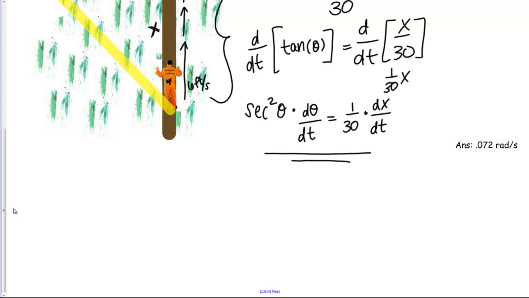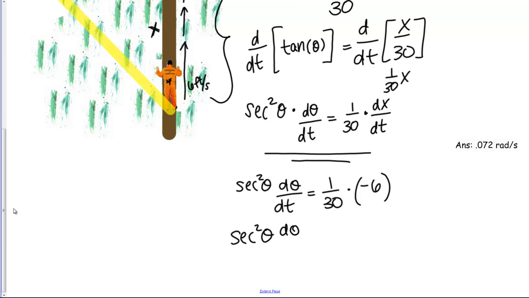So I have secant squared theta d theta/dt equals 1/30 times negative 6. That gives me secant squared theta d theta/dt equals negative 6/30, and if I reduce this, I get negative 1/5.